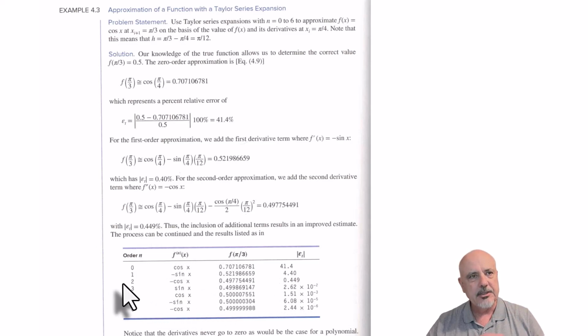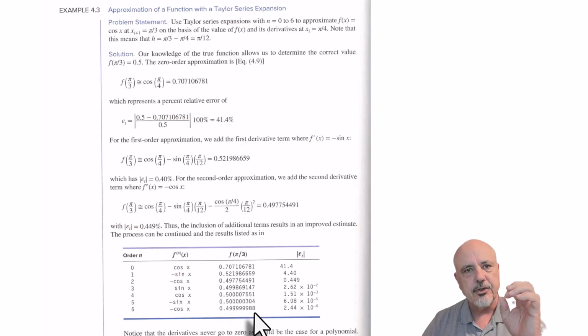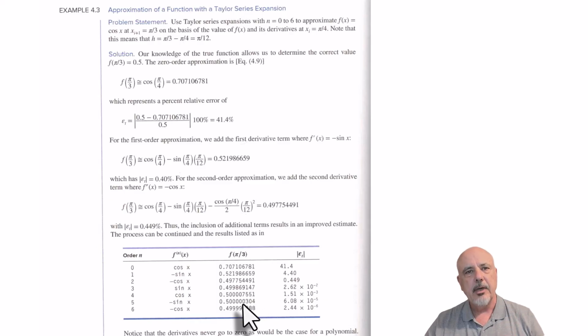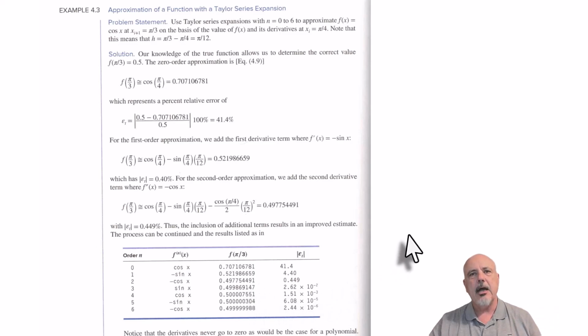So the second order, and it's showing the derivatives as they progress, and it's showing how as you add more terms you are getting closer and closer to that 0.5 that we should be getting. We actually shoot past it a little bit here, but this error is actually smaller in the 6th order than the 5th order error.